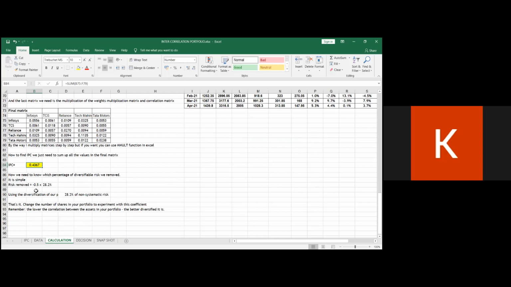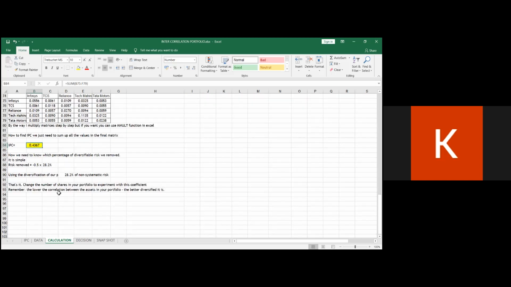For risk removed, we have a formula: (1 minus IPC) divided by 2. When we simplify, we get 28.2%. This value we consider as the diversification of our portfolio. This is the non-systematic risk. That's it. You can change the number of shares in the portfolio and experiment with this coefficient.